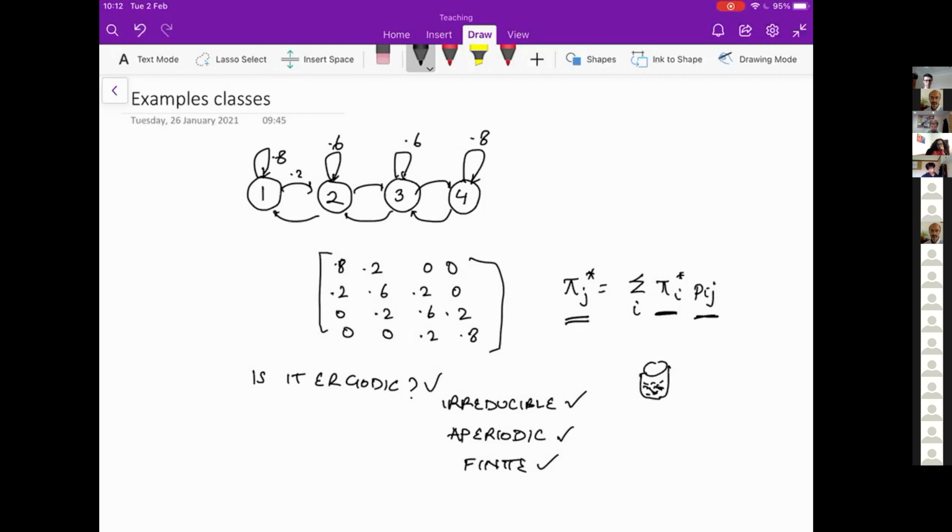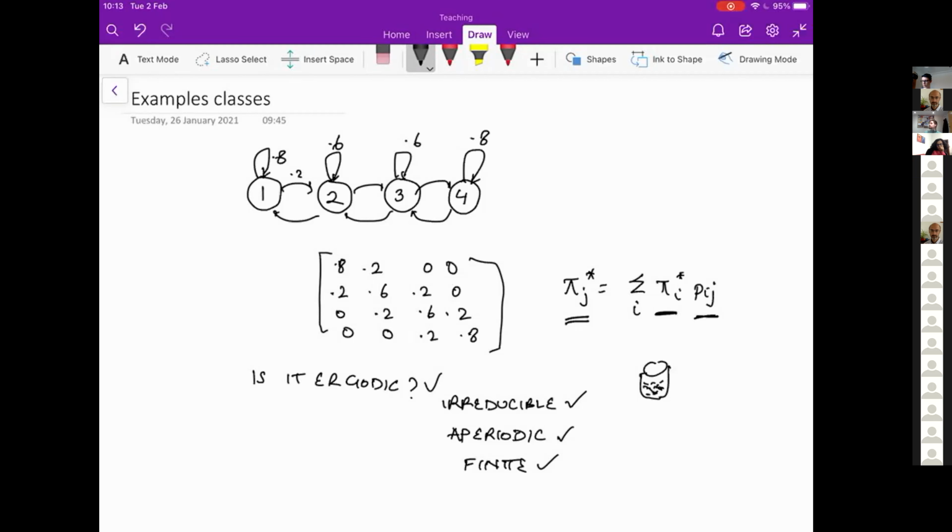If we are at the stationary state, then at the end of each transition the levels remain the same. There's no change in the levels. And that's what this means here.